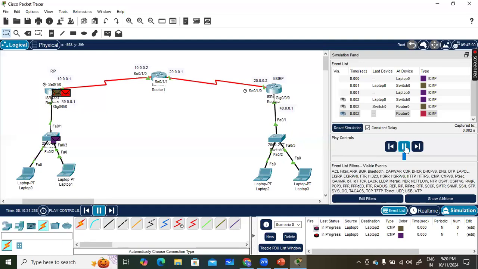See where it has been blocked. It has been blocked by the router because the router hasn't learned any network till now.